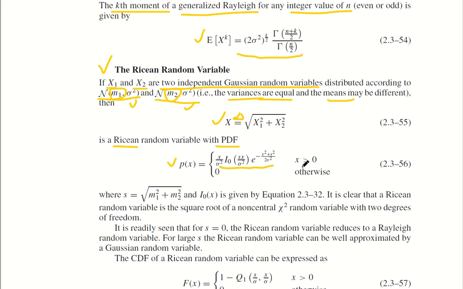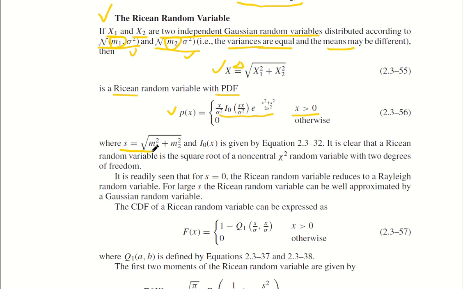This is the distribution where x is the square root of the sum of the squares of the means, m1 squared plus m2 squared, and this is the Bessel function. So it is clear that a Rician random variable is the square root of a non-central chi-square with 2 degrees of freedom.